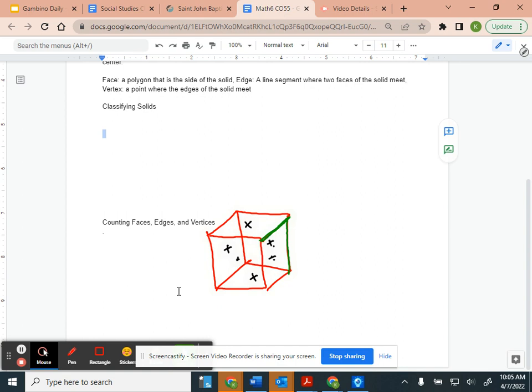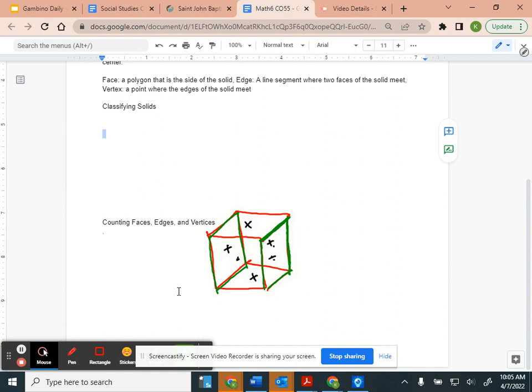Thank you to my friends who are raising their hand quietly. What do you think, Regan? So we've got one edge, 2, 3, 4. Then if we do this over here, 5, 6, 7, 8.